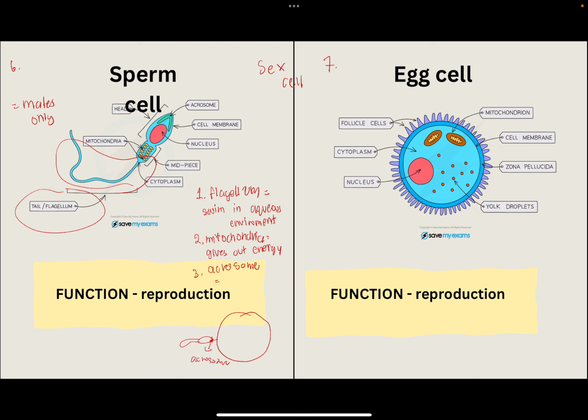So when it penetrates, meaning goes inside the egg, it will form a hard layer, which we'll learn in here. Actually these two are really connected to each other. This acrosome is just there to go inside the egg and fertilize. So you can just say acrosome is needed for fertilization.